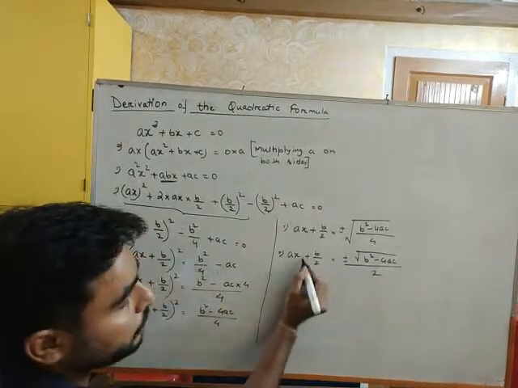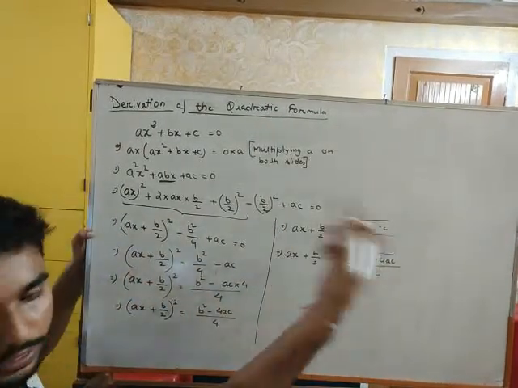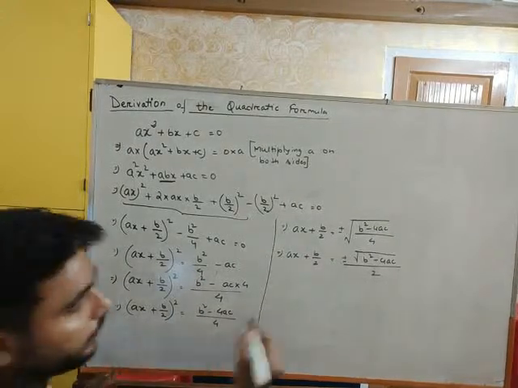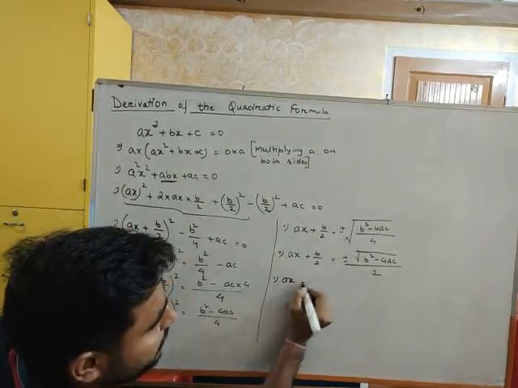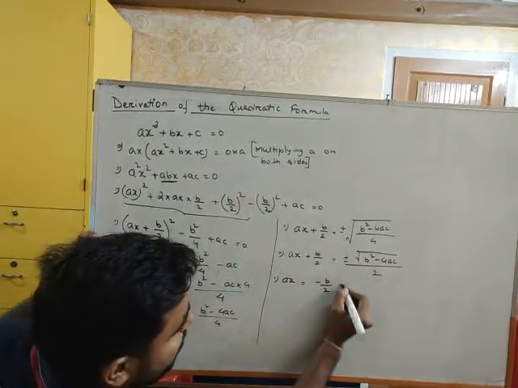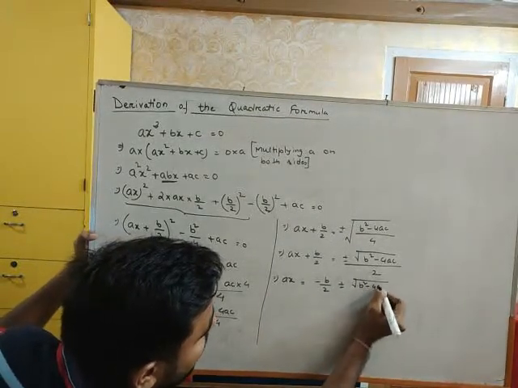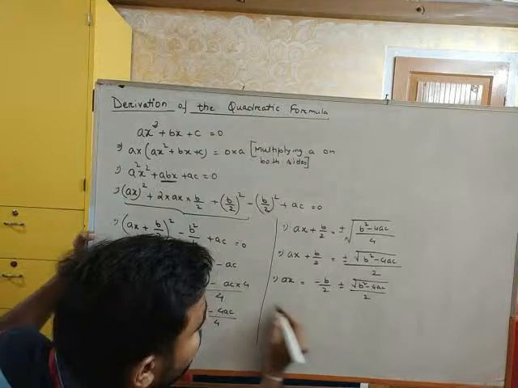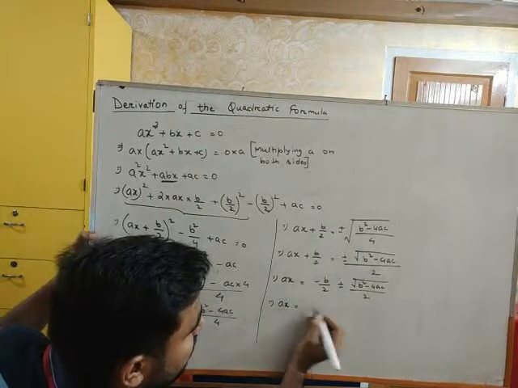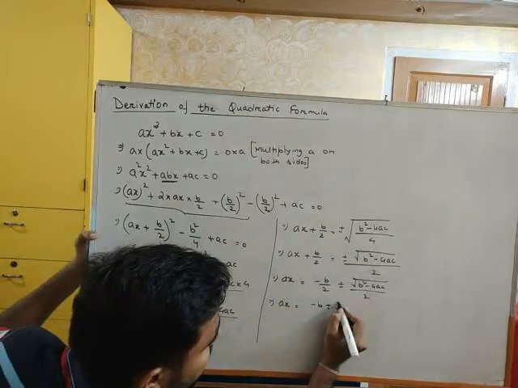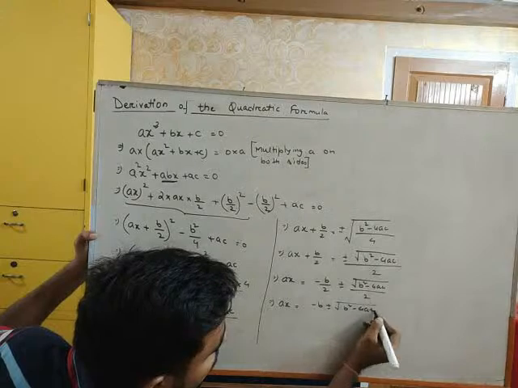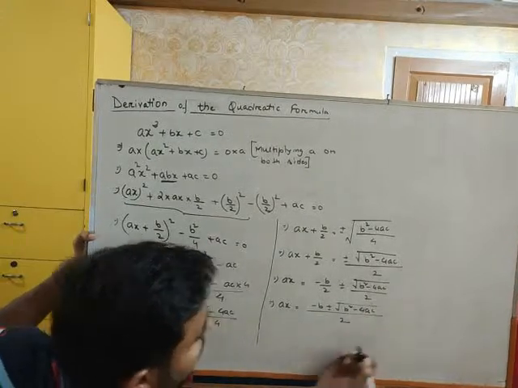2. Now this b by 2 is positive here. If I take it to that side, it will be minus, isn't it? So ax is equal to minus b by 2 plus minus root over b square minus 4ac divided by 2. Taking 2 as the LCM, it is b square minus 4ac divided by 2.